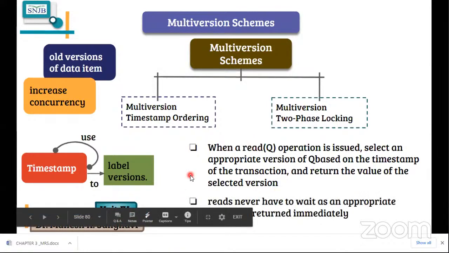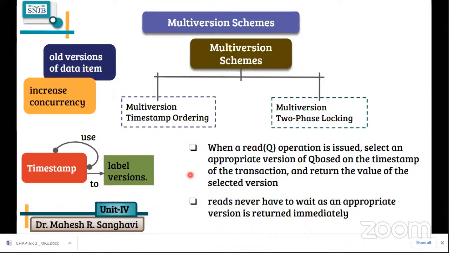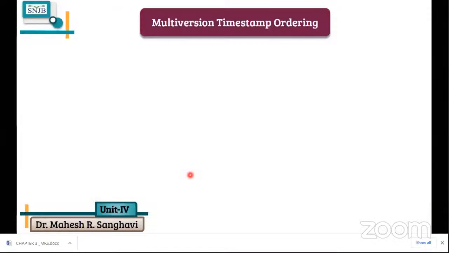Reads never have to wait, as an appropriate version is returned immediately. Why does read not need to wait? Because the operation is very simple. जब भी करना है तब सिंपल क्या करना होगा, शेयर्ड मोड में सभी के लिए वो अलाउड है, क्योंकि मॉडिफिकेशंस वहां पर कुछ भी नहीं हो रहे हैं. So that you need to focus.